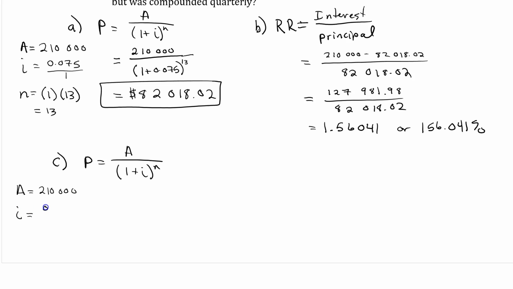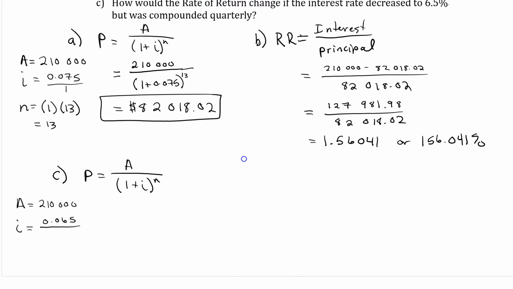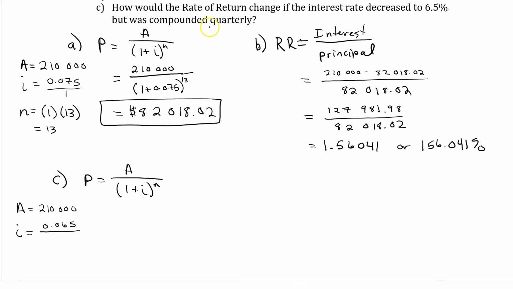It's going to be 0.065 divided by, and since we're compounding this quarterly, it's going to be over 4. The n is going to be, we're going to multiply it by 4 because there are 4 compounding periods per year. But here's the thing, guys. There's still just 13 years. So 4 times 13 is 52.